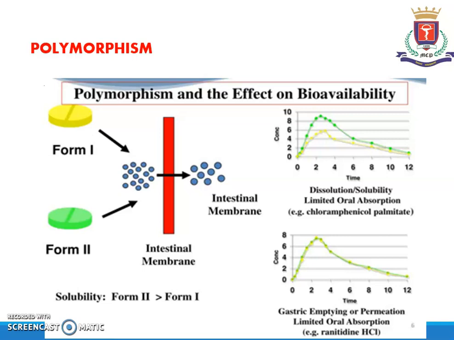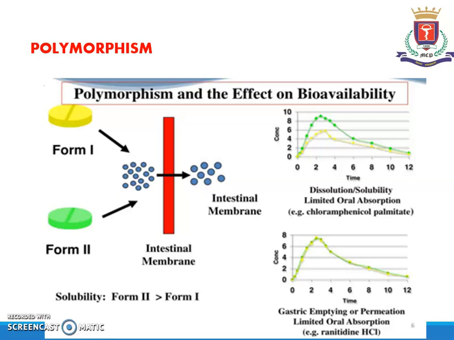Then what will happen to these two polymorphic forms with respect to dissolution and solubility limited absorption? For example, in case of chloramphenicol palmitate, you can see in the diagram the concentration versus time profile. Form 2, which has better solubility, is showing better results as compared to form 1, where oral absorption is limited.